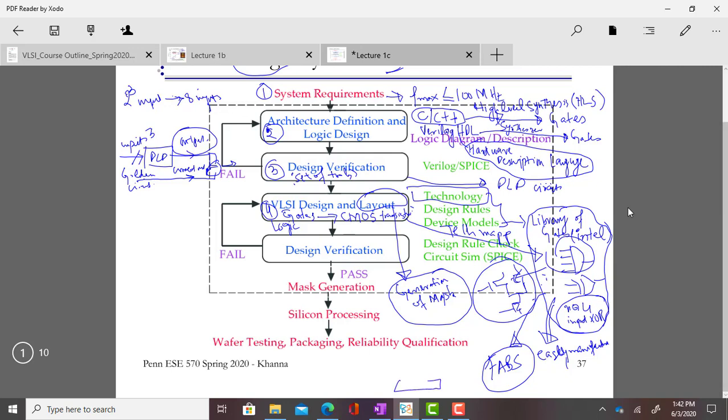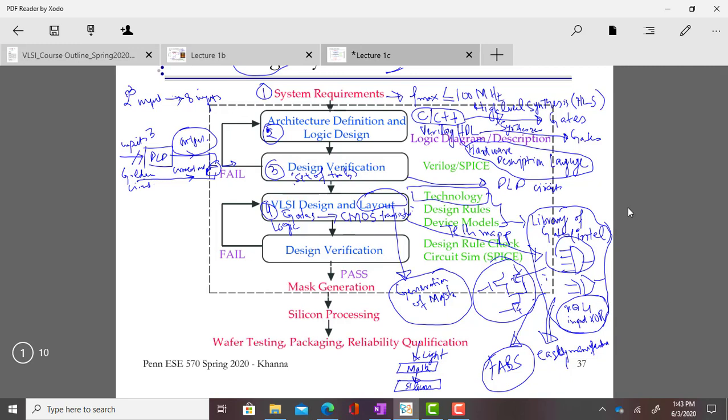So it's something like this. You have here silicon, here you have the mask which is generated from layout, and here you have light. So you throw the light, the pattern of it is transferred to silicon, and then we process the silicon, and finally the chip is manufactured.